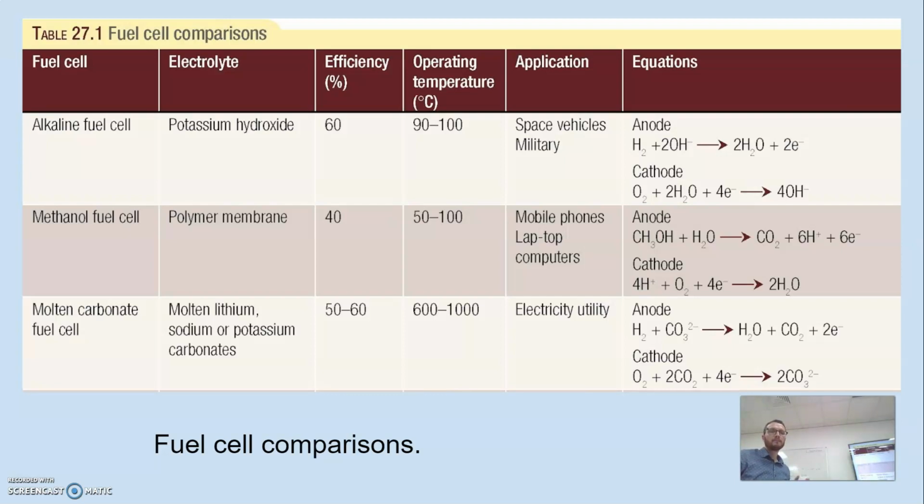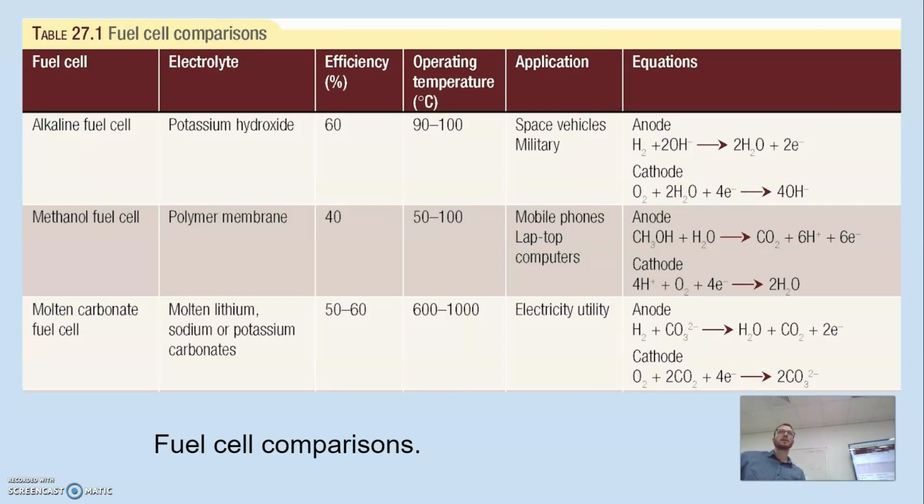And they're much, much more efficient, right? Fuel cells are much more efficient than combustion engines. Far more efficient. Why? Can you have a guess as to why fuel cells might be more efficient? Yeah, what's the main source of error when we were doing our pracs?